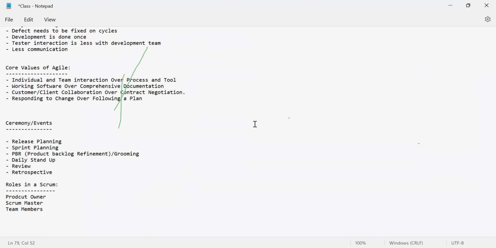Who is the product owner here? Product owner. We are going to develop a product and he is the owner. He is nothing but the client, which we were discussing all these days.